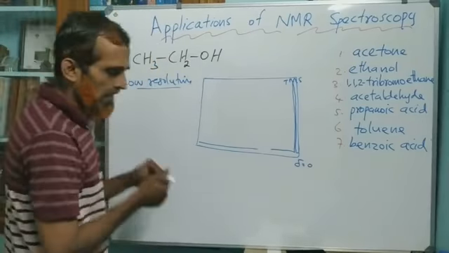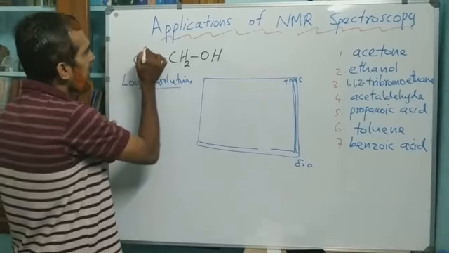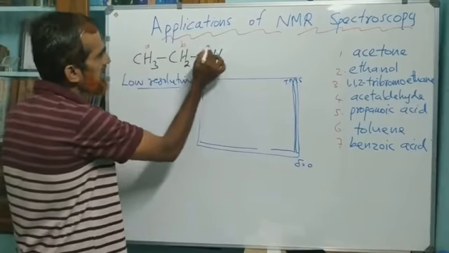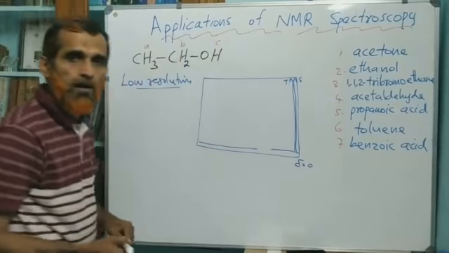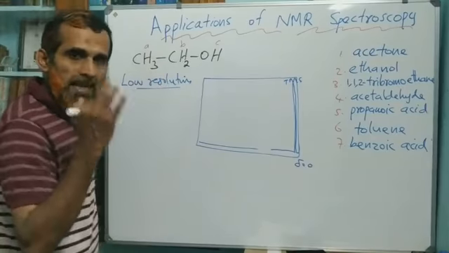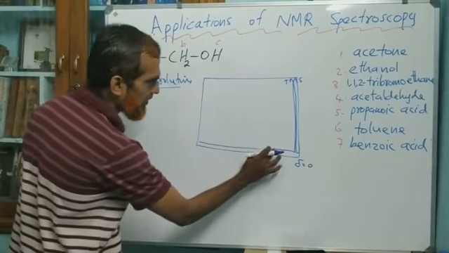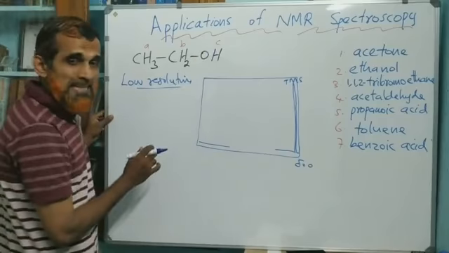So in the low resolution NMR of ethanol, let us first classify the protons. If this is A, this is B, this is C, there are 3 different types of protons in ethanol. So you will be getting 3 NMR peaks. Let's see how it comes. Which will be most de-shielded?